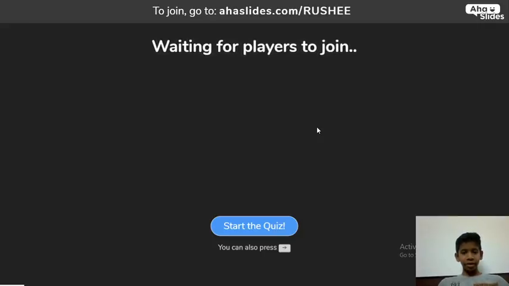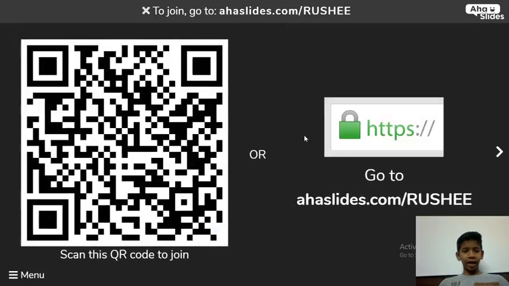Guys, I need some players. Waiting, waiting. Or you can scan this QR code to join. This QR code or go to www.ahaslides.com slash RUSHEE.